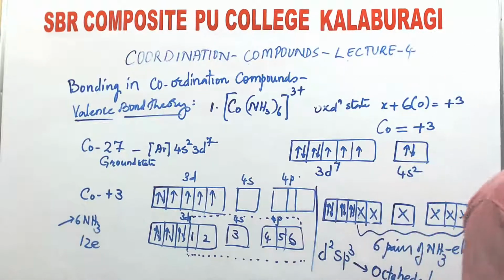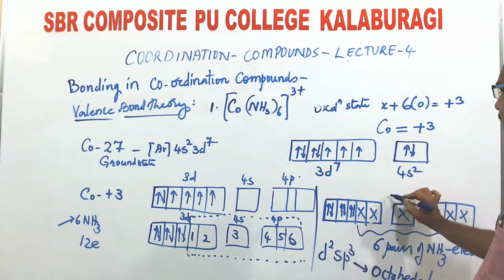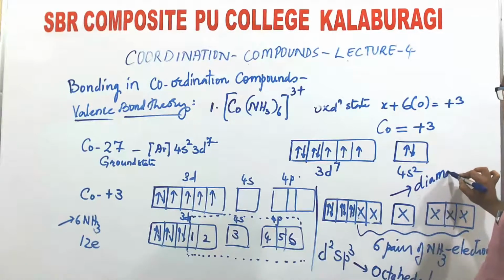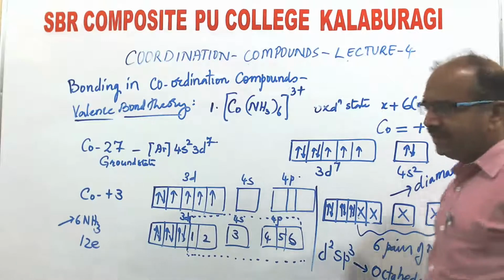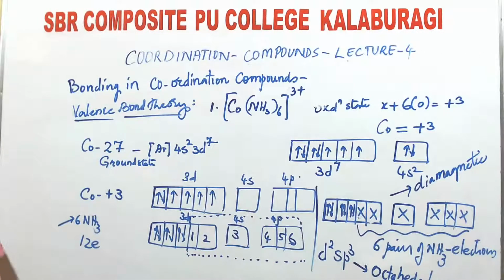And since all electrons are paired and none is singly occupied, it is diamagnetic in nature. It is octahedral in shape and diamagnetic.